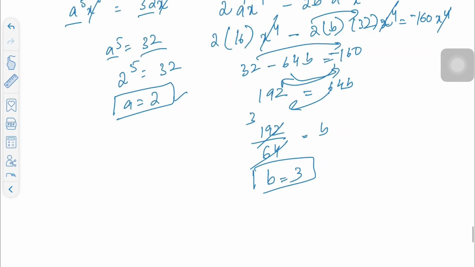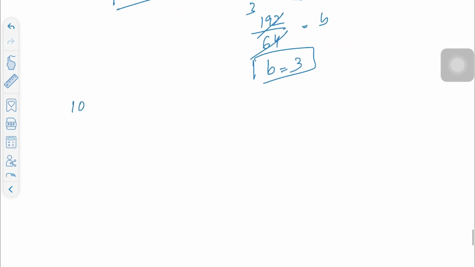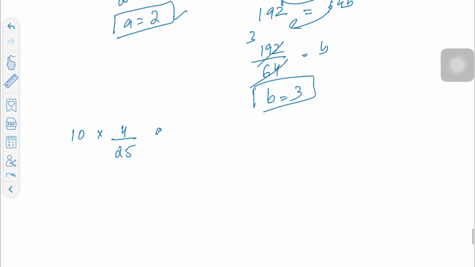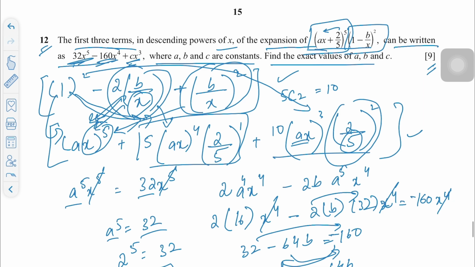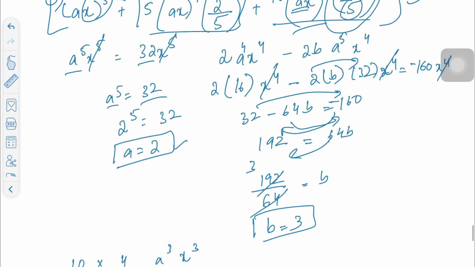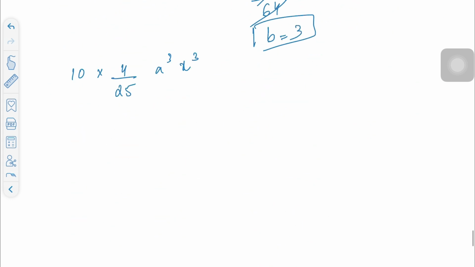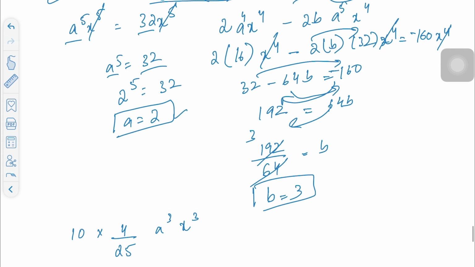We have our a cubed, so we just write it down, and this would be 4 over 25 since this is squared, and a cubed, x cubed, right? Yes. And then this will be multiplied by this, so this would be 5 and 5 is cancelled out. We have our 2a^4, and this is basically x cubed.